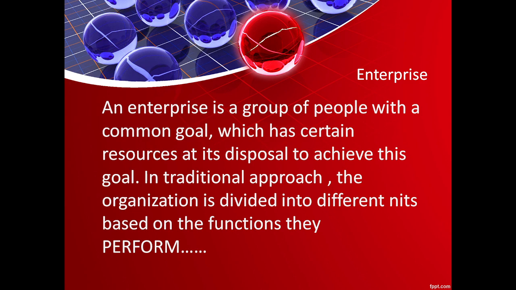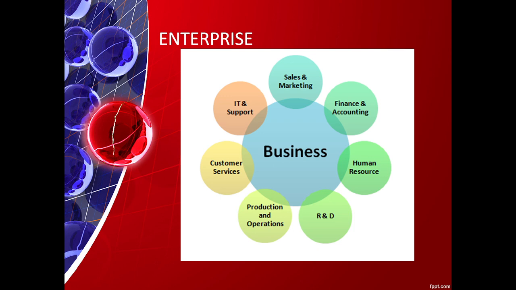Let us see. So we have an enterprise which is dividing itself into different functions, and these departments are based on IT and support, sales and marketing, finance and accounting, human resource, R&D, production and operations, customer service.